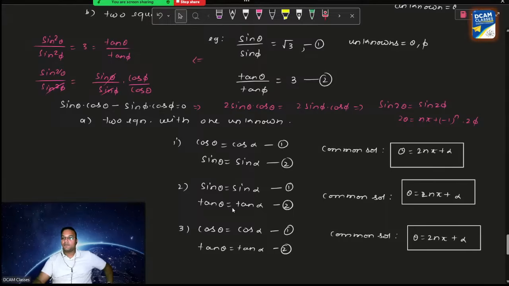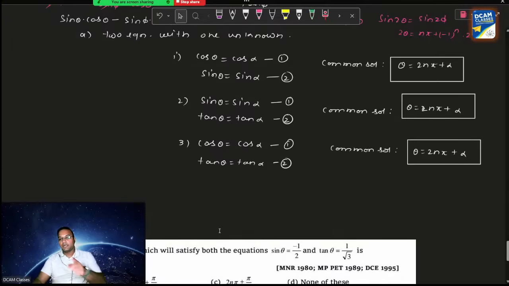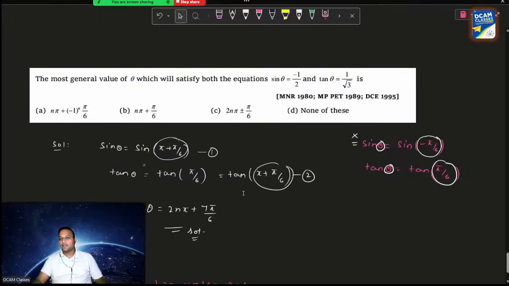Sin theta equal to sin alpha, tan theta equal to tan alpha, the common solution is the same. Actually, the common solution for all three cases is the same. But the important thing you need to remember is, for two equations with one unknown, you have to have theta and alpha both the same in these cases.